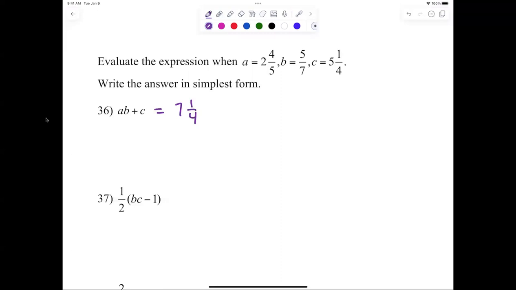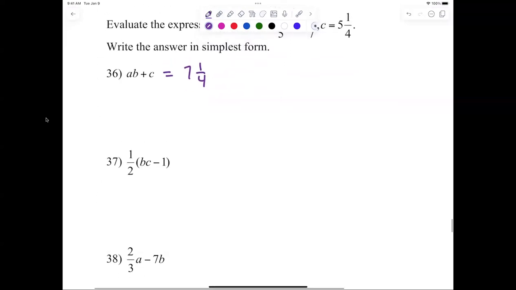Now, believe it or not, your calculator has a parentheses. So we're going to try to use the parentheses now. The calculator doesn't know order of operation unless you tell it. In other words, what I'm trying to tell you is you can't just say 1/2 times B times C minus 1.